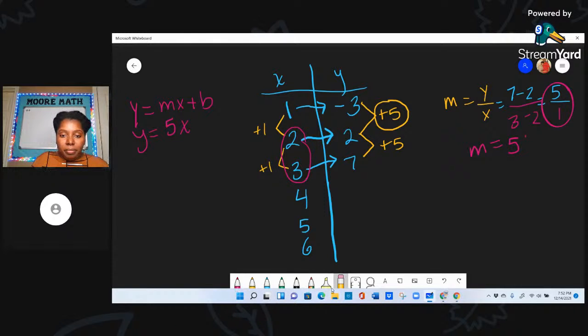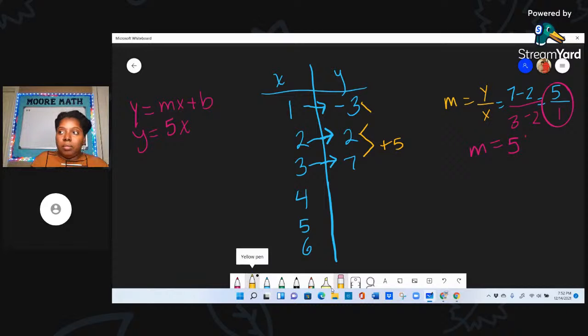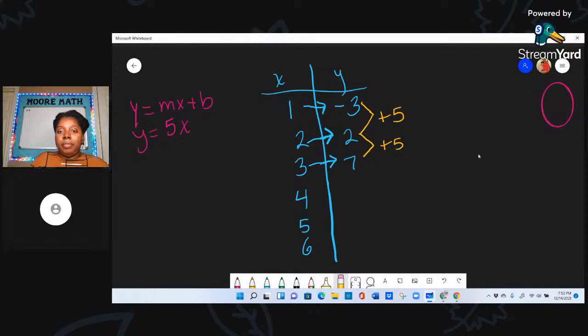All right. First, let's fill in the numbers. So we have 1, 2, 3. Okay. And then here we go. Plus 5. All right. So we have that m equals 5.